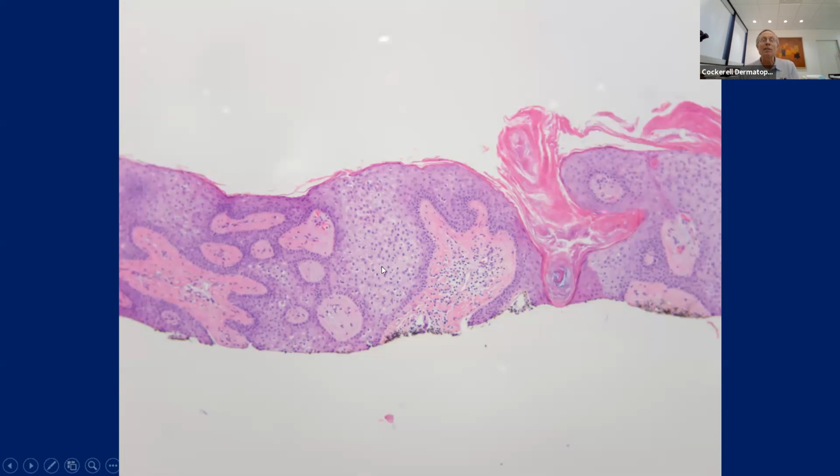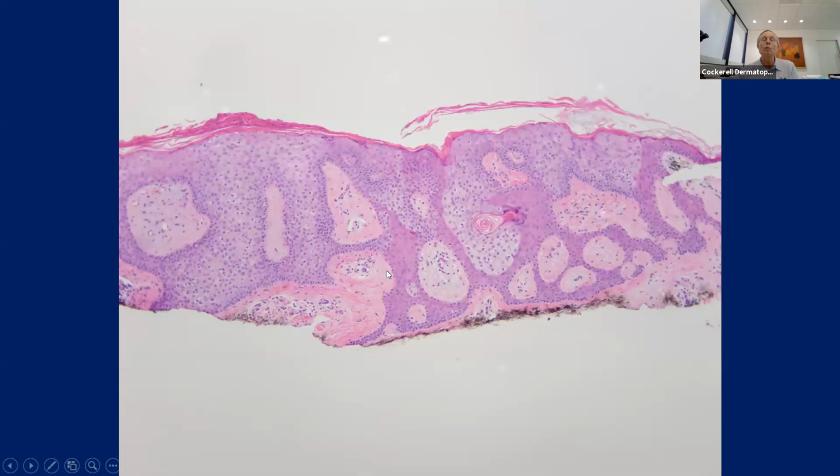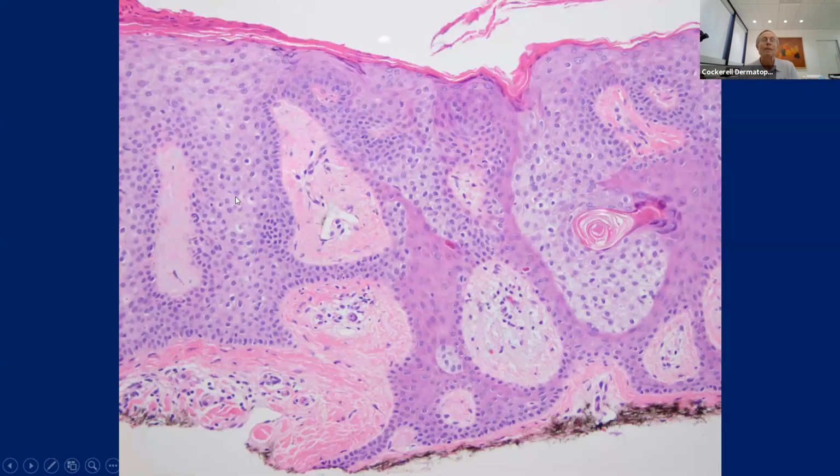And notice that it's got this clear staining cytoplasm here. So who knows, when we see that clear cytoplasm in the epithelium that looks like it's recapitulating a primitive hair follicle, what part of the hair follicle do we think that's recapitulating in this situation? Anybody know? Well, this is tumor follicular infundibulum, that's right.